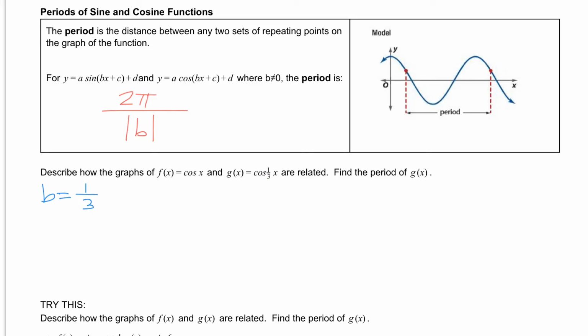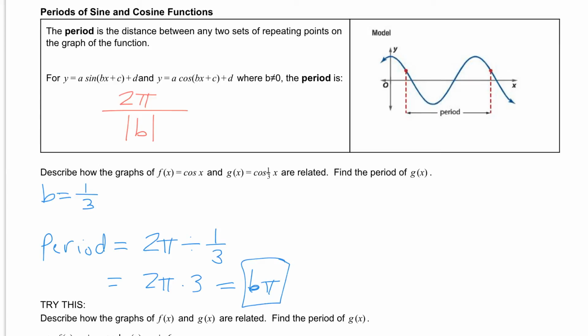So the period is going to be equal to 2 pi divided by 1/3, which is the same thing as taking 2 pi and multiplying by 3, which is the reciprocal, which would give us 6 pi for the period.